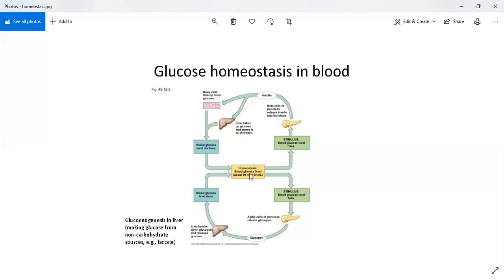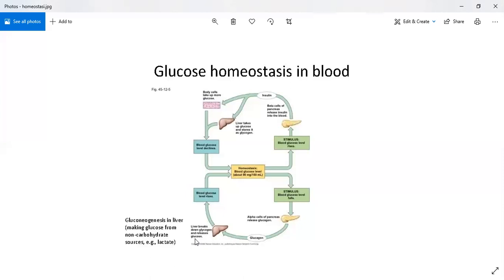But now we have broken down this glycogen, which is the carbohydrate actually, to glucose, but it's still not enough for the body because it was severe hypoglycemia. If we don't do something, this person might faint or die, or the cells might begin to die because they don't have enough glucose and energy.